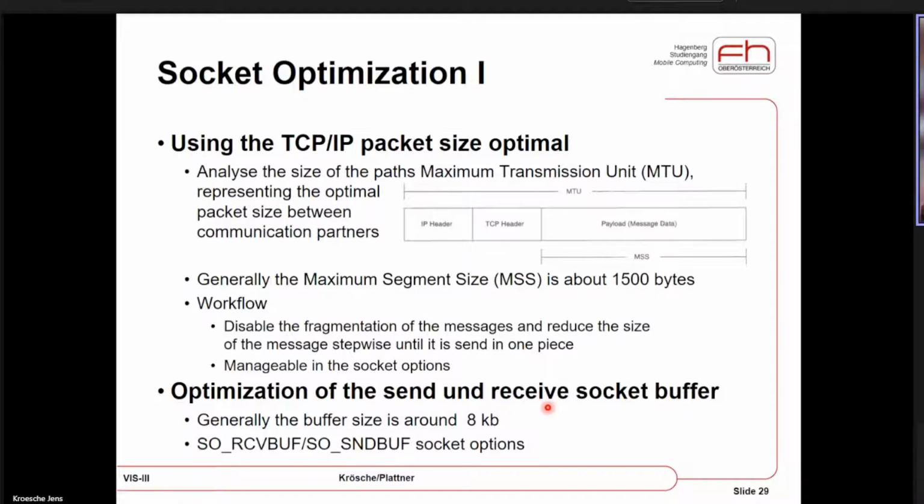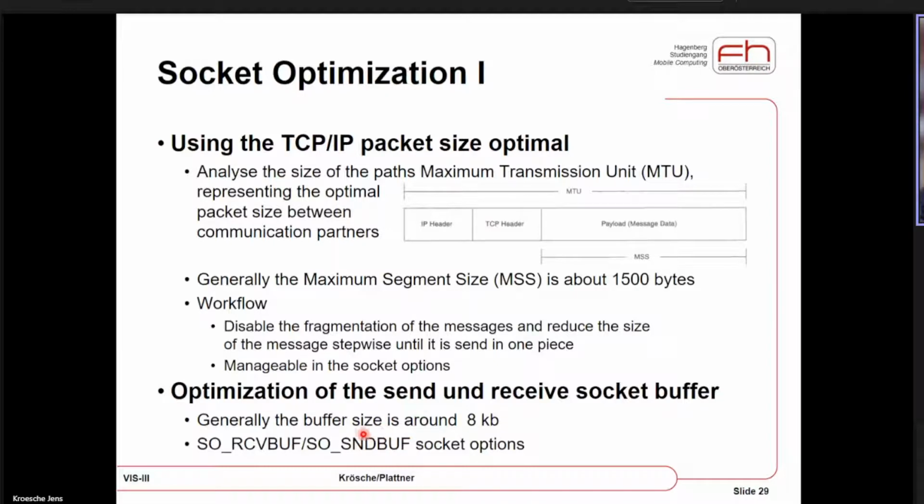So you put in your chunk of data, and the socket, of course, has a buffering mechanism inside, accumulating data, then splitting up the data and communicating the data to its counterpart. And you can, of course, manipulate this receive and send buffer that is used internally inside the socket layer by manipulating the socket options.